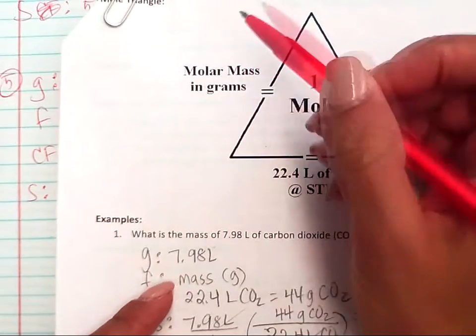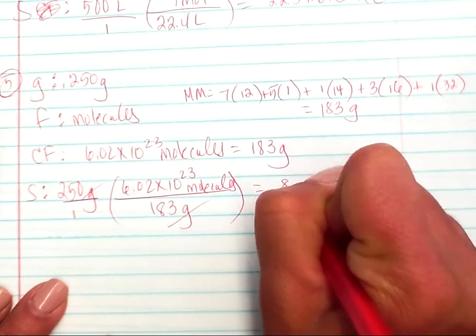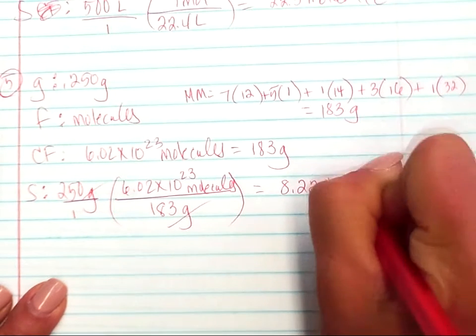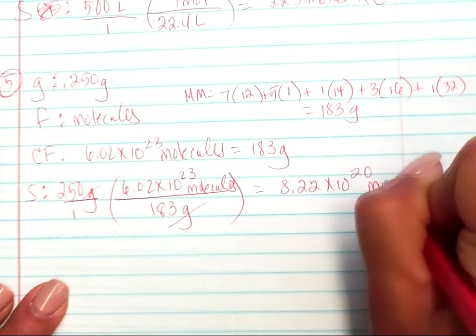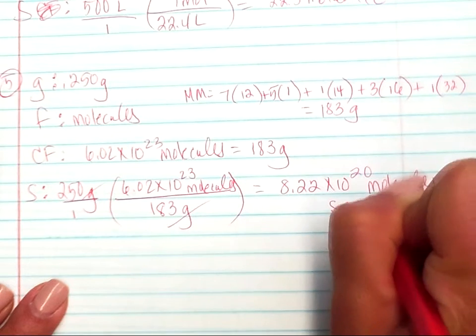So every different molecule or particle has a different molar mass. It just depends on what it adds up to. Okay, when you do this math for number 5, your answer is 8.22 times 10 to the 20th molecules of saccharin.